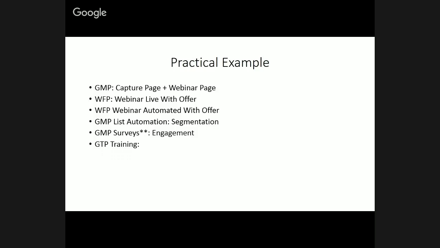Okay, now we've got a couple of ways for you to train people inside of Genius Trainer Pro. Your GMP offer and sales pages, you can actually sell training. I'm going to show you that here. I don't know if I'm going to be able to do it on this webinar, because I've gone a little longer than I wanted to. But in Genius Trainer Pro you're going to sell training on the buy button.